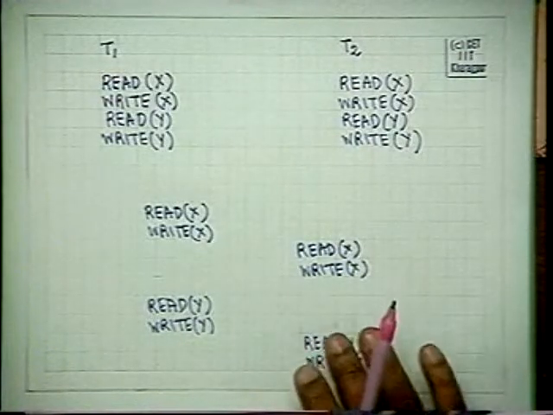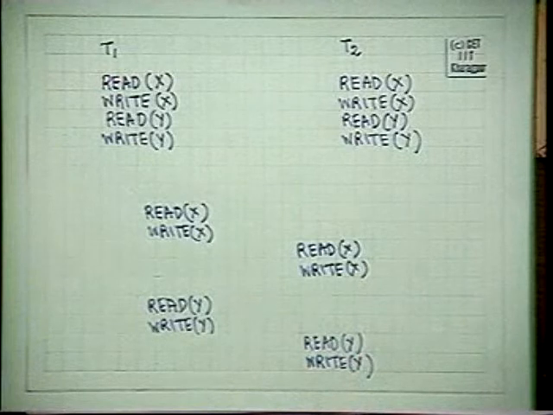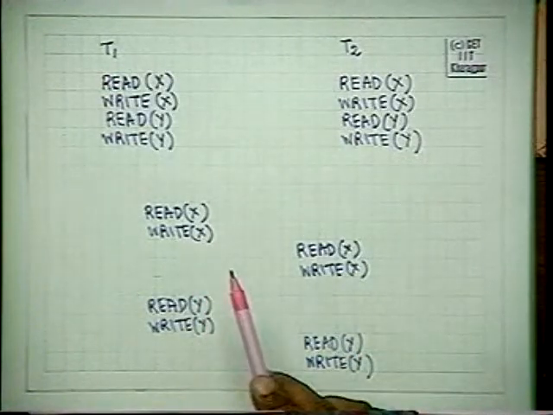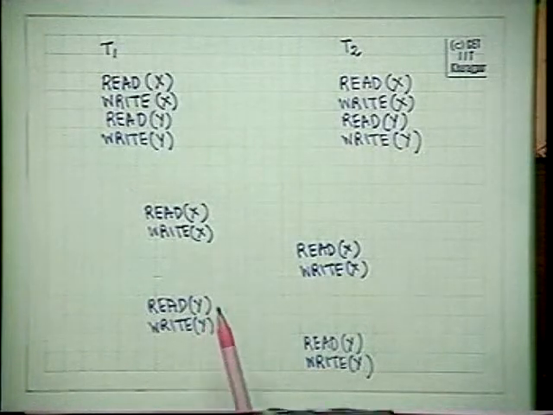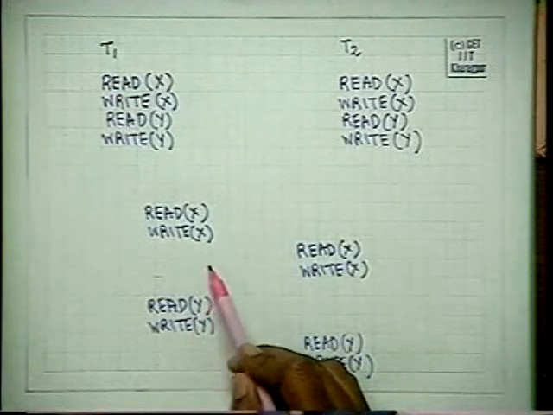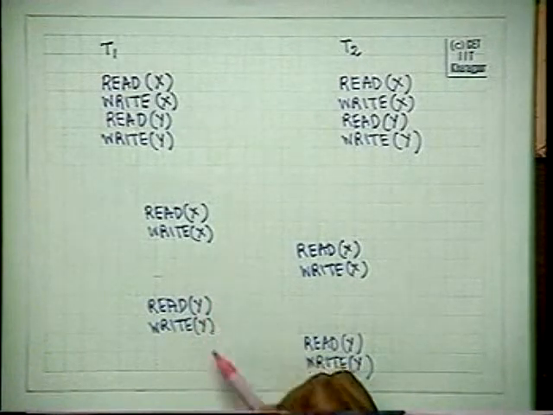Now, the core idea behind conflict serializability is to try and swap, to try and move. Behind any serializability algorithm is, given a concurrent schedule, just try and move the instructions up or down and see whether you are violating any consistency criteria.